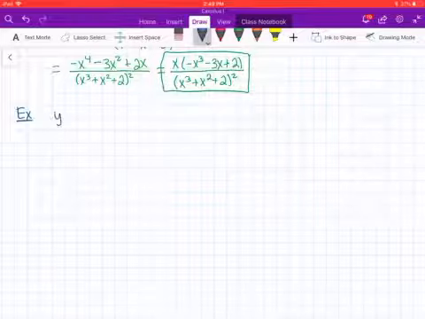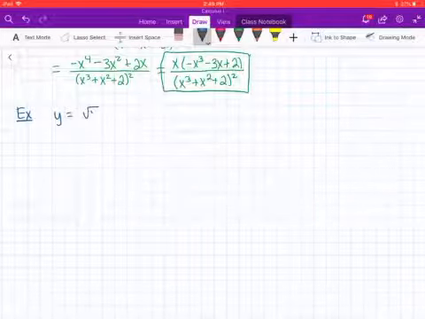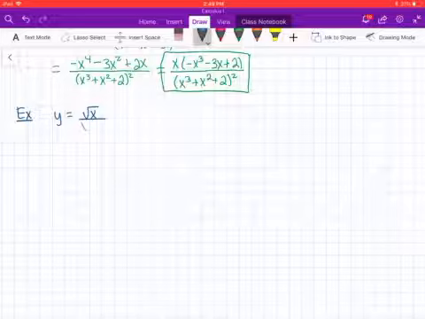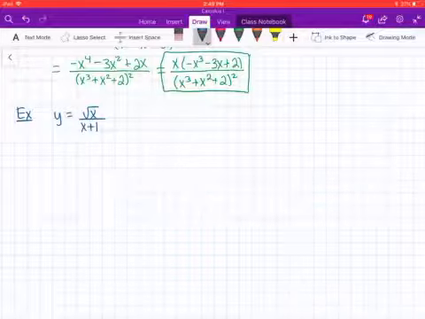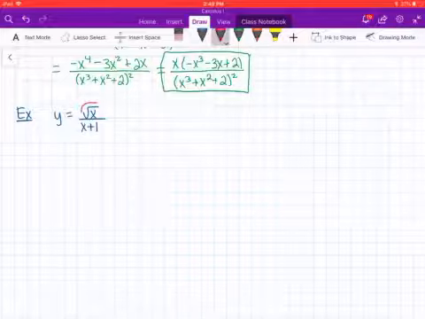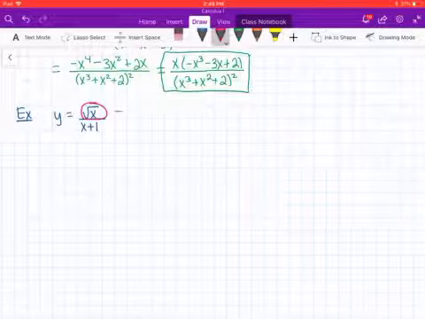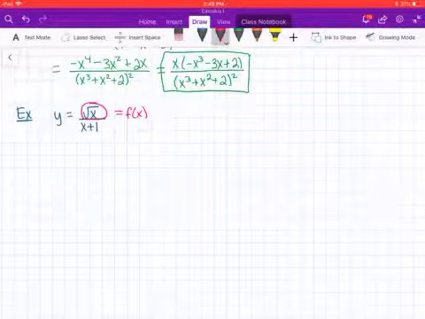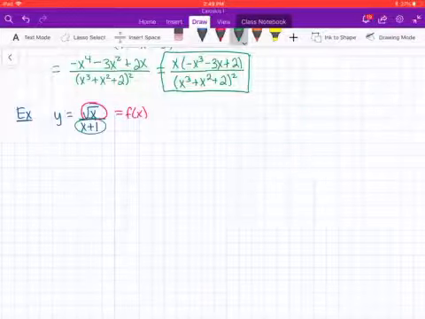All right, we're going to let y equal the square root of x over x plus 1. Okay, so the quotient rule. So the top function is the square root of x, and the bottom function is x plus 1.